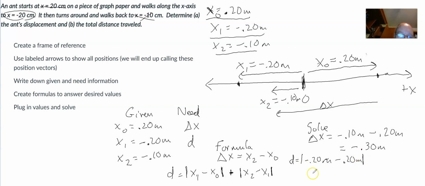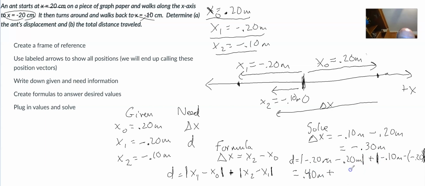So I want the absolute value of that, plus my final position is negative 0.10 meters. My initial position there was negative 0.20, and I want the absolute value of that. Okay, so negative 0.20 minus 0.20 is negative 0.40, but the absolute value of that is 0.40.